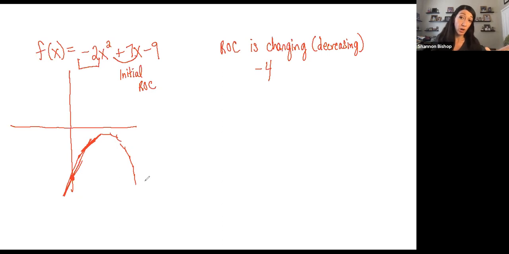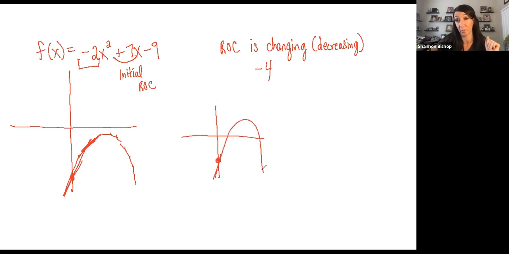Now, what I don't know, admittedly, and this is where Desmos or of course calculus would help, is just exactly how long did that take? Was the initial rate of change of +7 enough of a quote blast off to bring the parabola way up there before it came down? Like, did it actually have a chance to cross through the x-axis? Maybe.